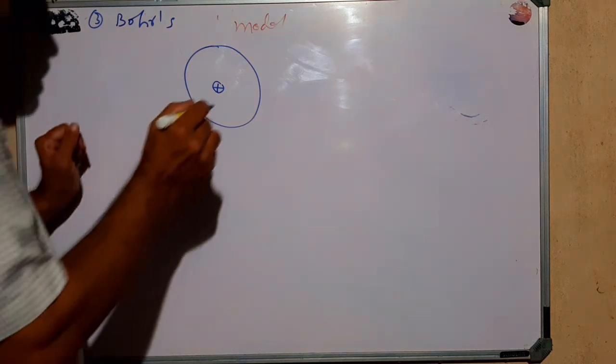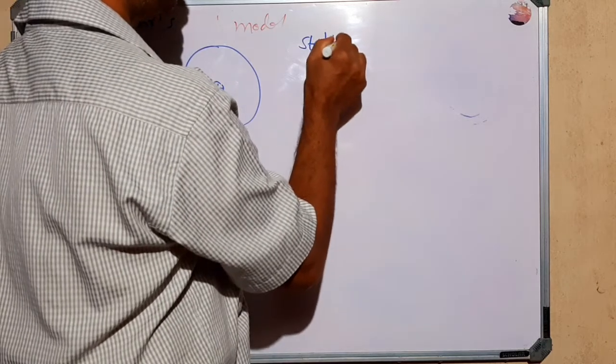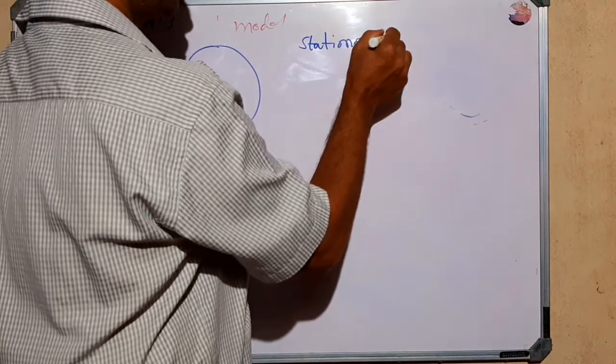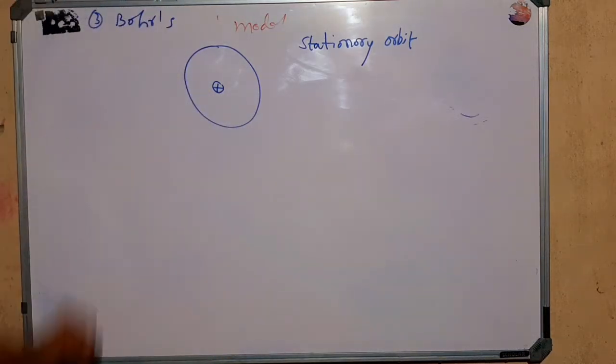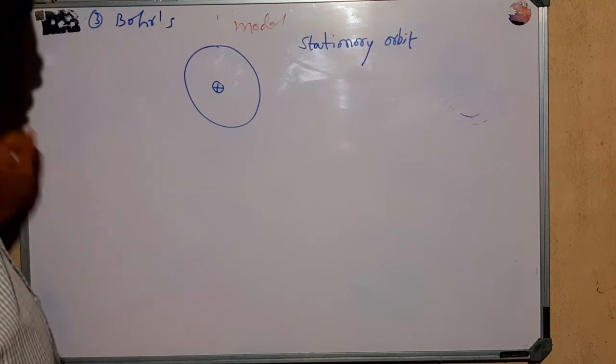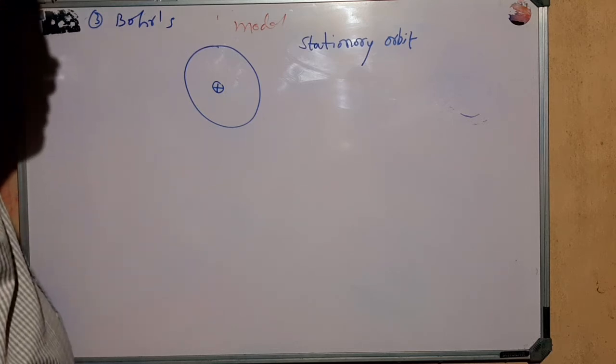Such orbits are referred to as stationary orbits. Stationary orbits are the orbits in which electrons do not radiate energy when revolving around the nucleus.